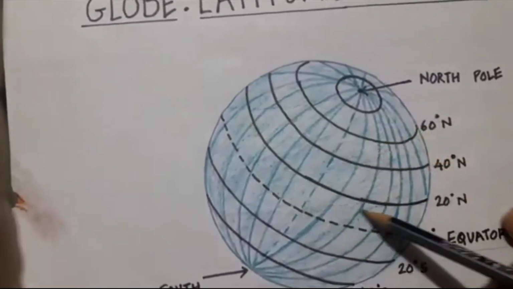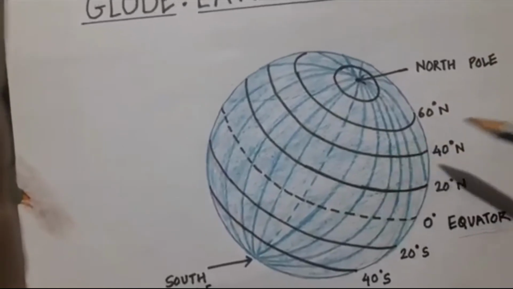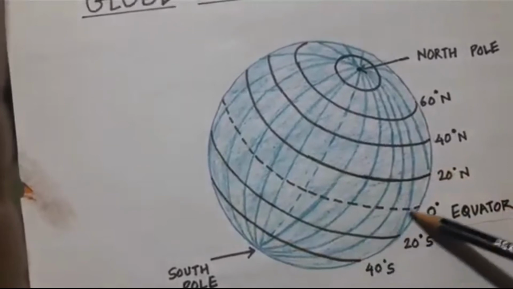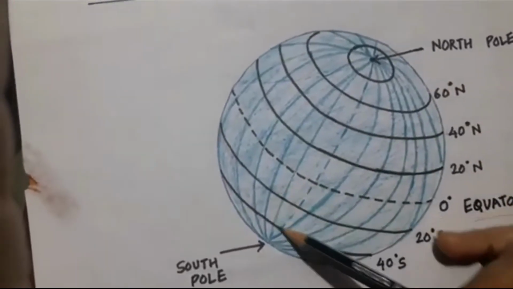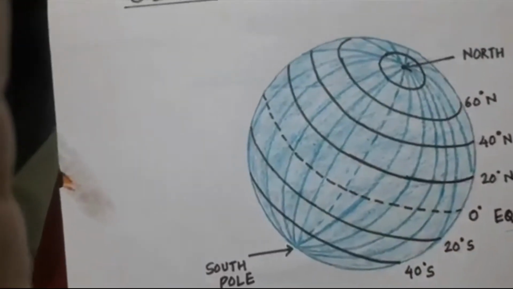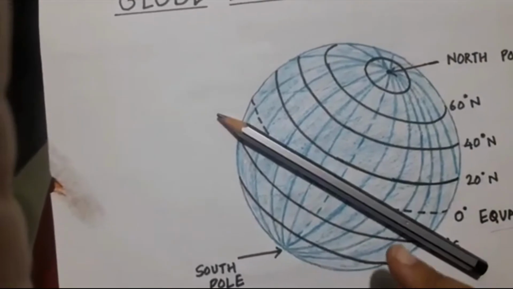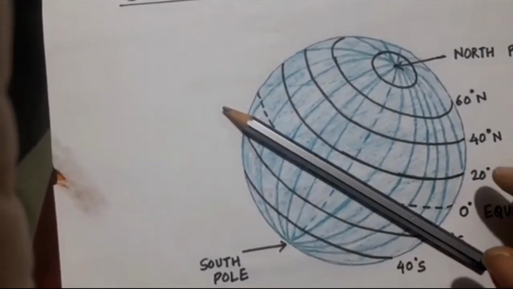So the region above the equator is called the northern hemisphere, and the region below this equator is called the southern hemisphere. And if you keep this here, this part is the northern hemisphere, whereas this is the southern hemisphere.